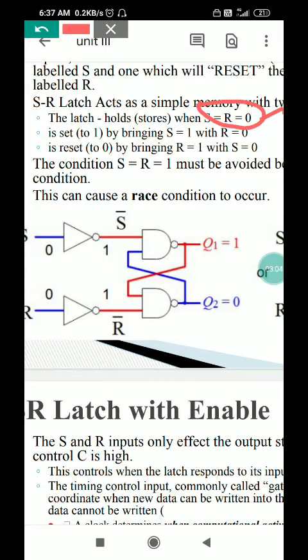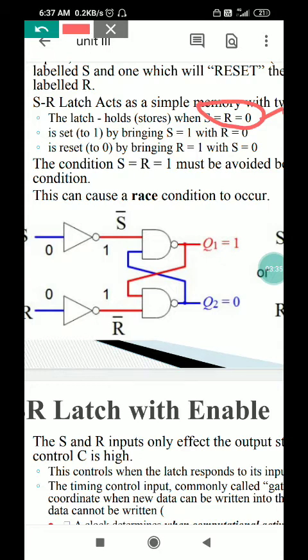So it will store data if S and R both inputs are 0, and the output will be set, means it will make its output 1, if S is 1 and R is 0. S stands for set and R stands for reset. Therefore, if S is 1, it will set the latch, means it will hold 1 in its memory.